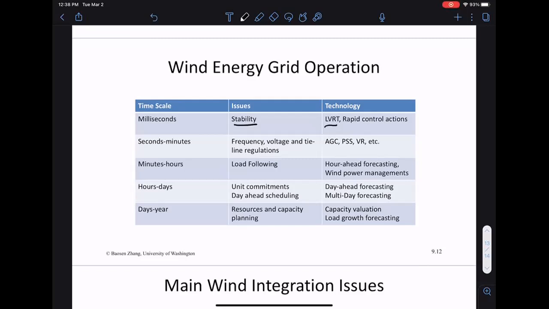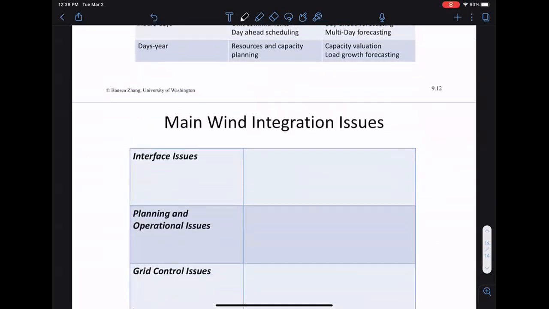And another way to think about integration is to think about what device or what kind of operation we're doing to mitigate some of these issues. Okay? For this way of thinking, we can divide things into interface, planning operational, and grid control.